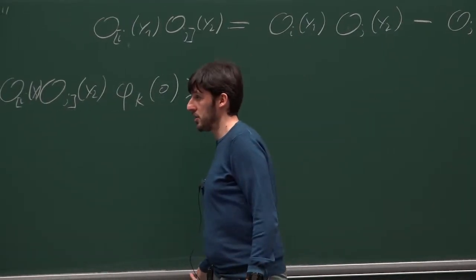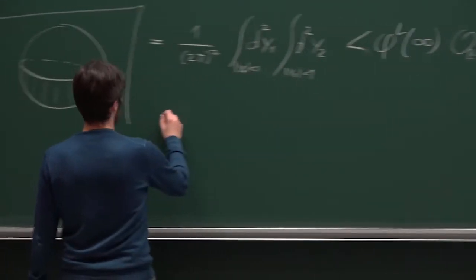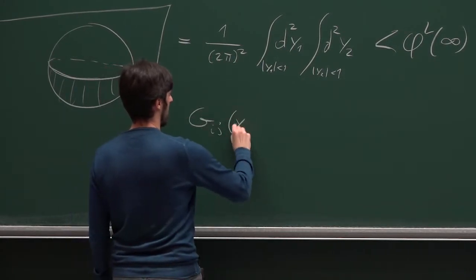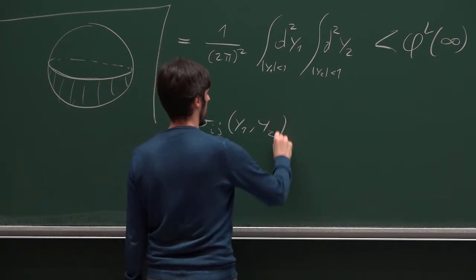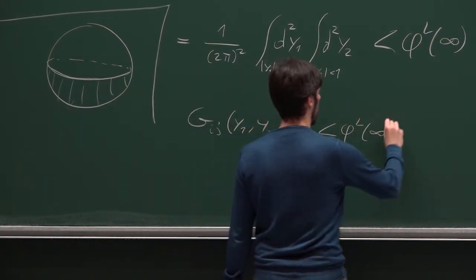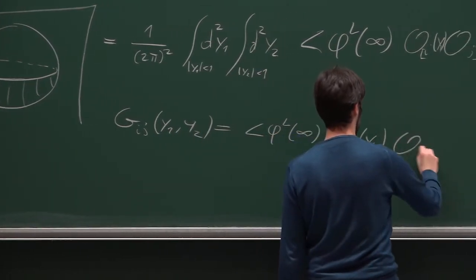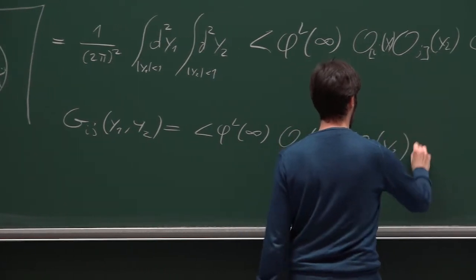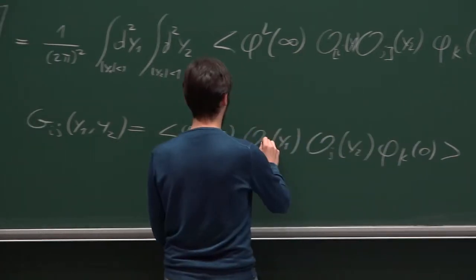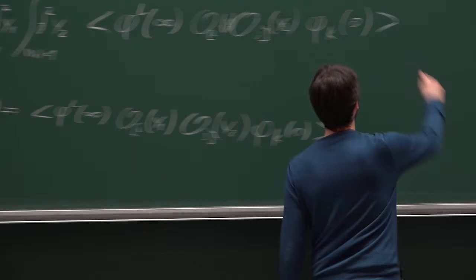Just to make this procedure very explicit, let me call G_ij(y1, y2) this particular 4-point function. It's just the integrand. Just notation.